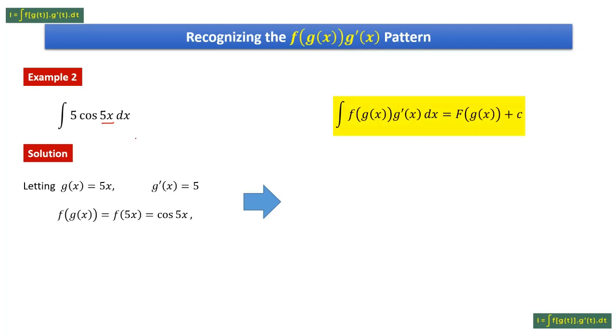So if we notice, we can rewrite this by transposing this here so that it's easier to see: cosine 5x times 5 dx.